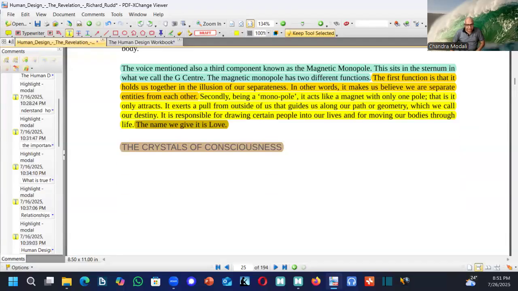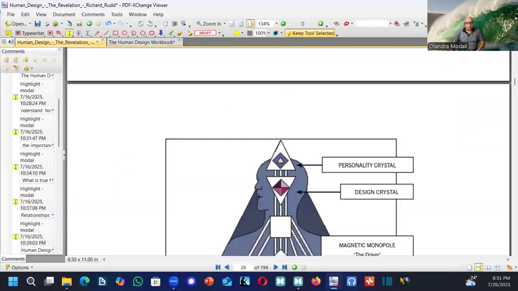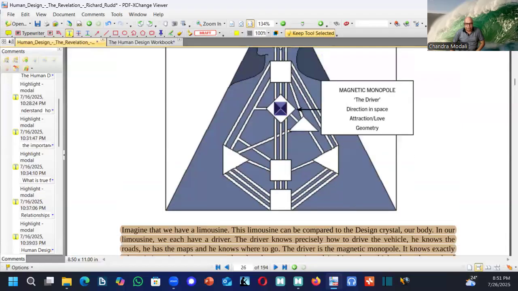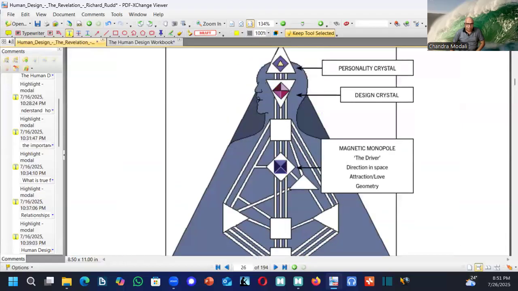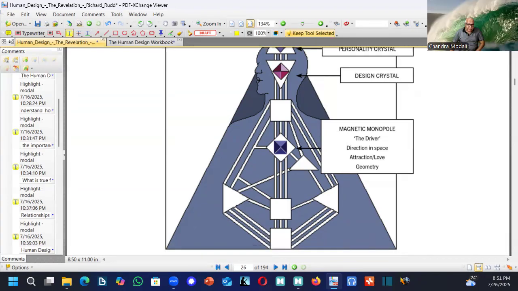So the crystals of consciousness. Let's go further. This is how it is organized. You have your Sahasrara, your Vishuddha. This is the G center. This is the heart center. He says there is a magnetic monopole in the G center, influencing. And then there are 32 or 36 channels which link us.